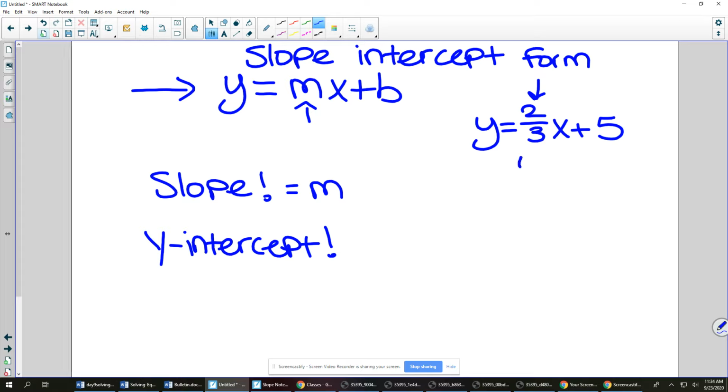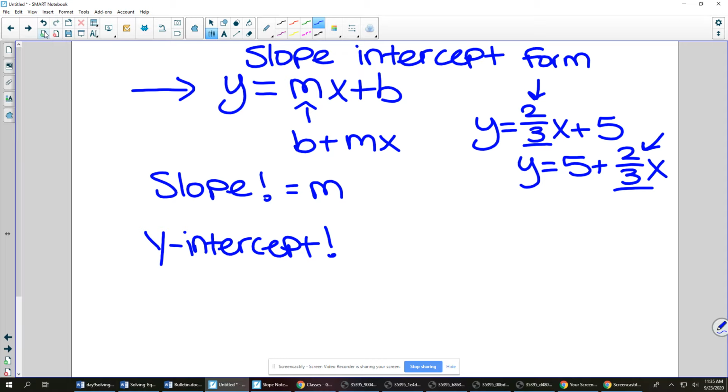So even if it was in the format of y equals 5 plus 2/3 x, this 2/3 is connected to the x. They're just in a different spot. And that's okay too. You can always have b plus mx, or even b minus mx. It's not going to always be positive. Anyway, the number that is always connected to that x is what your slope is.